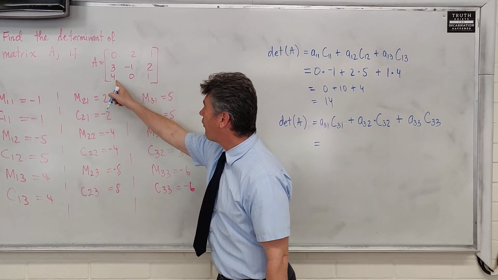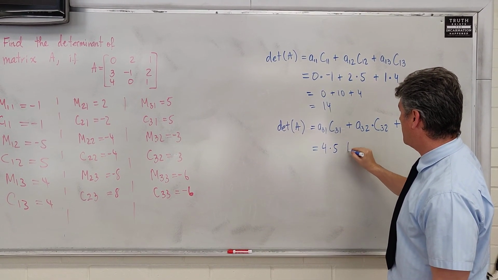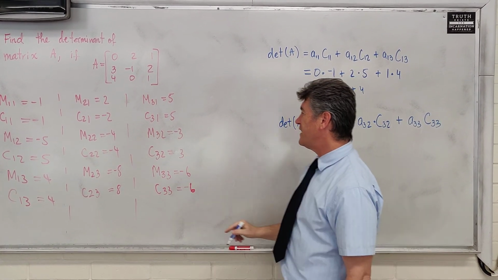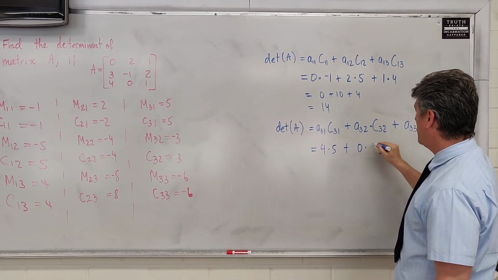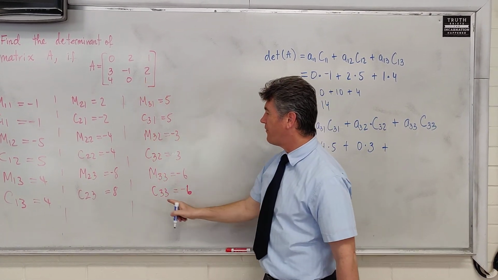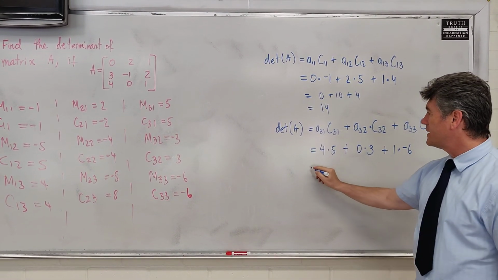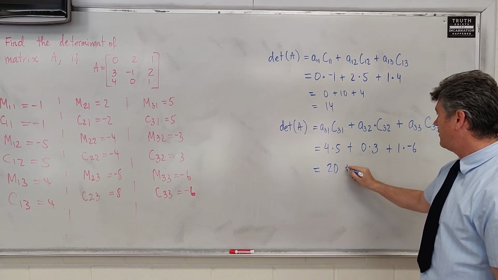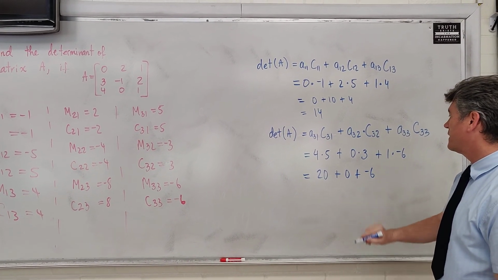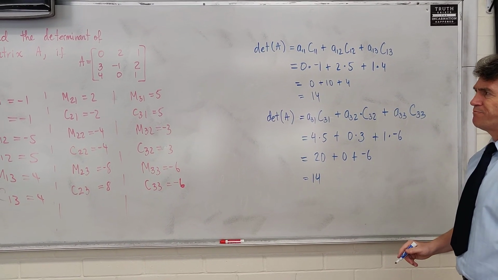The entry is 4, its cofactor is 5, 4 times 5, plus the entry is 0, its cofactor is 3, so 0 times 3, plus the entry is 1, its cofactor is -6, 1 times -6. This is 20 plus 0 plus -6. Once more, we get 14.